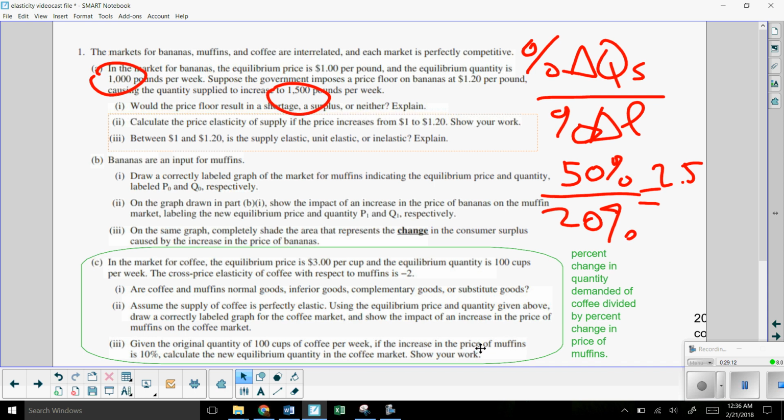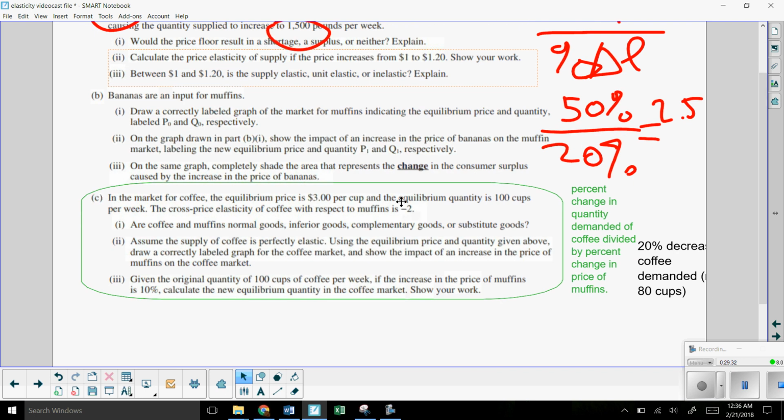When the price of muffins increased by 10%, I need to find the change in quantity demanded of coffee, and the answer to that fraction is going to be negative 2. So you might think, well, goodness, that means the amount of coffee we buy has to decrease. Well, of course it decreases because this value is negative, and people enjoy having coffee and muffins together. And that negative value helps you know they're complementary goods.